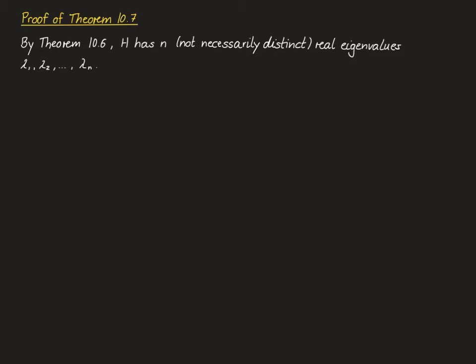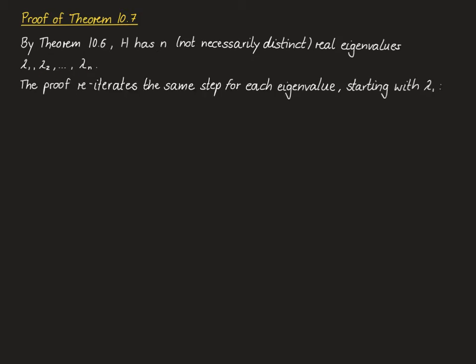For the proof of Theorem 10.7, we start with the result of Theorem 10.6 that H has n, not necessarily distinct, real eigenvalues lambda 1 through lambda n. The proof proceeds by going through this list of n eigenvalues and reiterating the same step for each eigenvalue, starting with lambda 1.